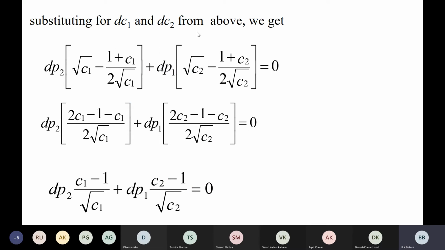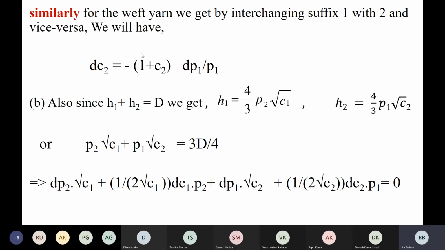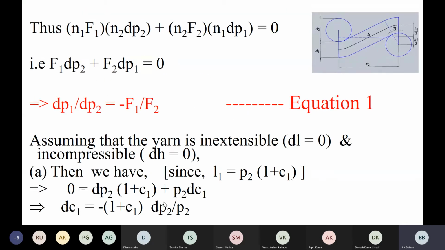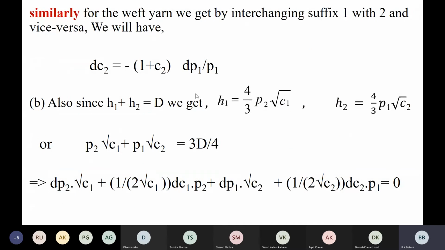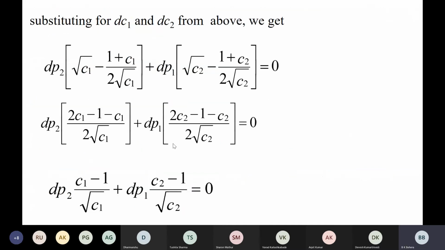There is no new concept inside. We have already found the values of dC1 and dC2. We have taken H1 plus H2, substituted the values of dC1 and dC2, and go on simplifying.